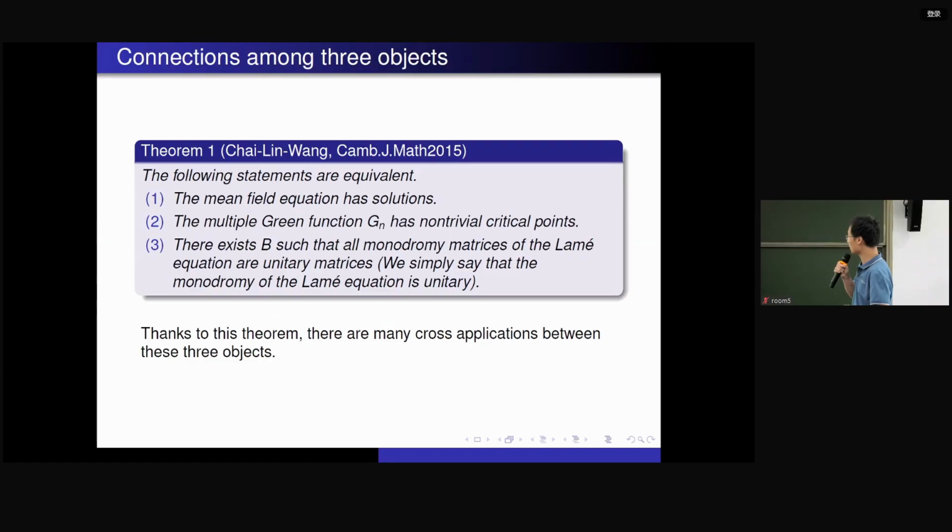So these three statements are all equivalent. From this theorem, there are many cross applications between these three objects. In this talk, I will introduce several results from this viewpoint.